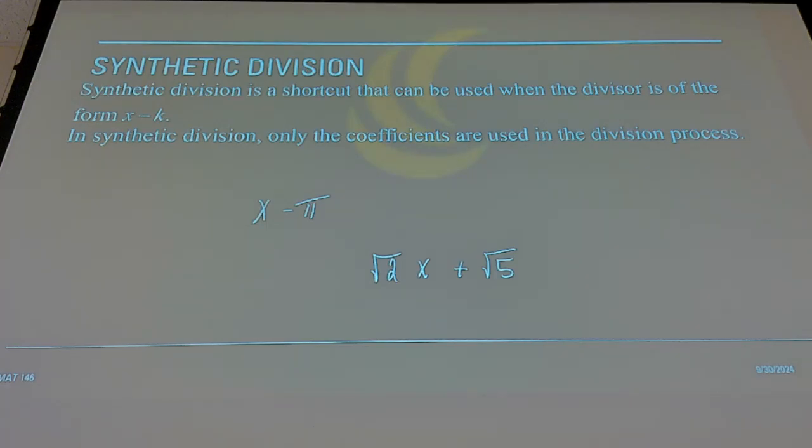Is it like rational? Is that the word? So you're saying the coefficients have to be rational? Do that. So those are polynomials. Your coefficients just have to be real numbers. That makes division fun.